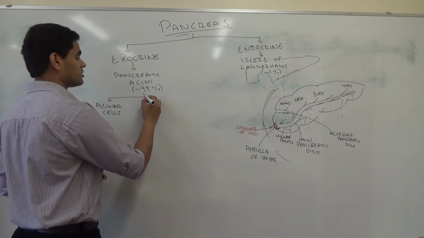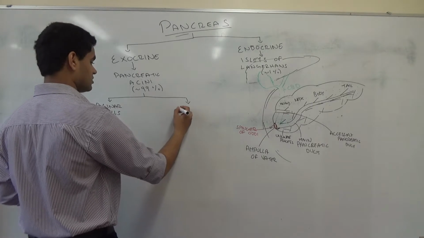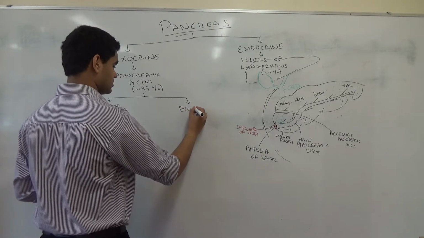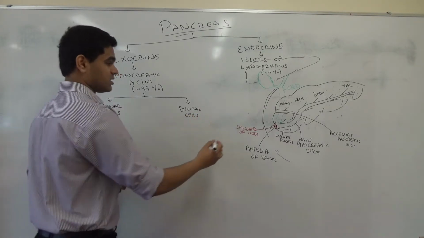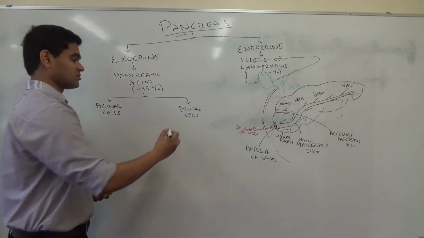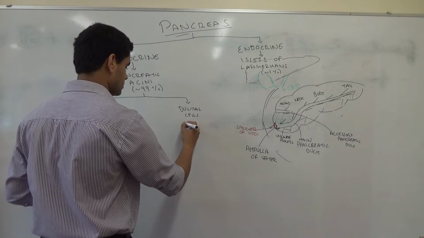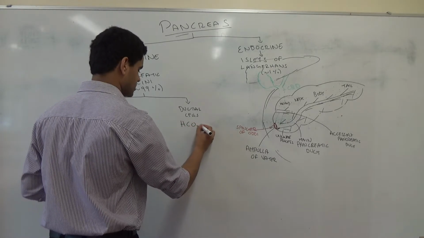Also, another cell type, which is part of the exocrine pancreas, is the ductal cells. And these ductal cells line the ducts that drain the exocrine pancreas. And what these ductal cells do is that they secrete something called hydrogen carbonate ions, HCO3-.